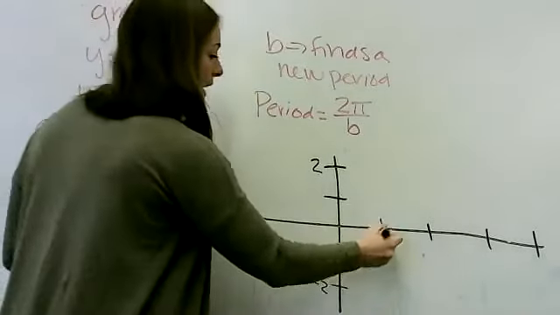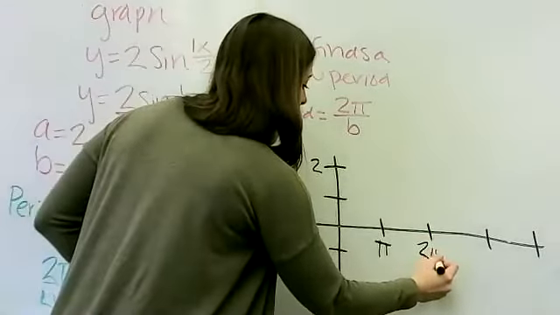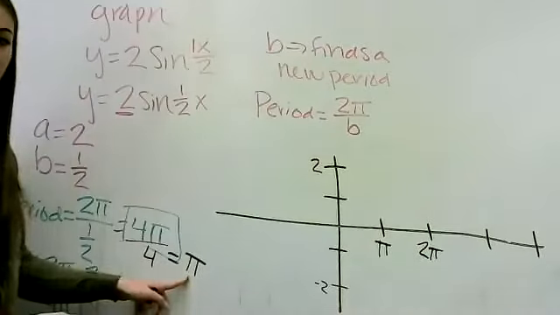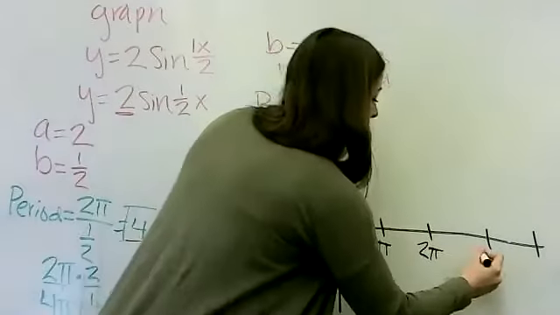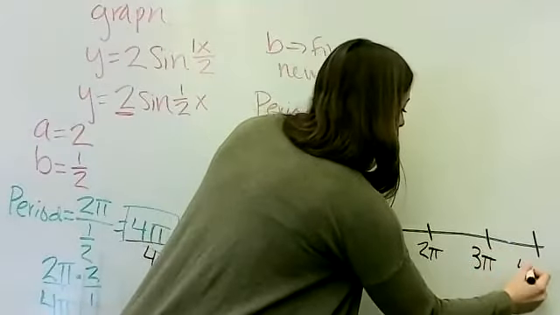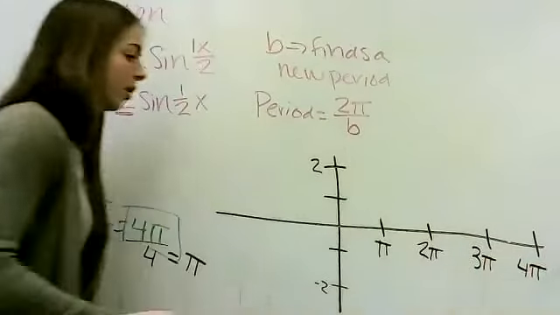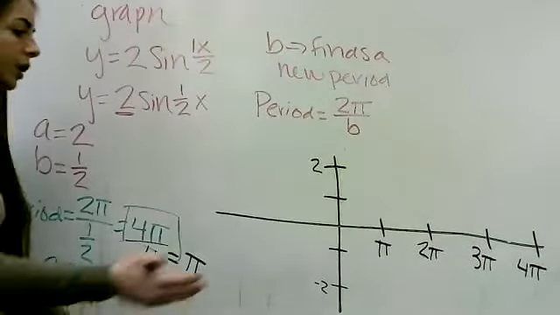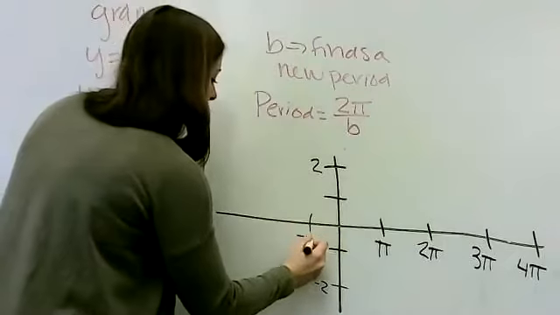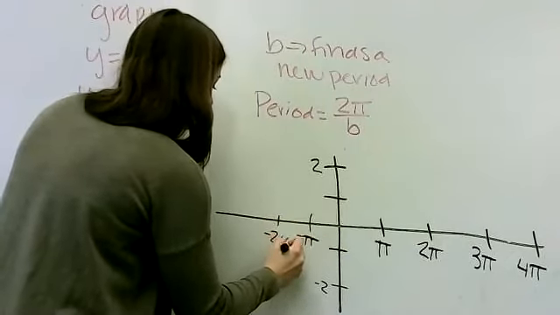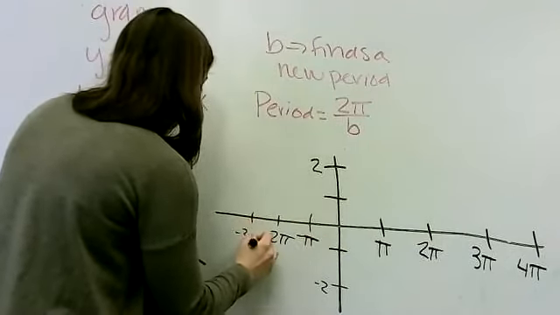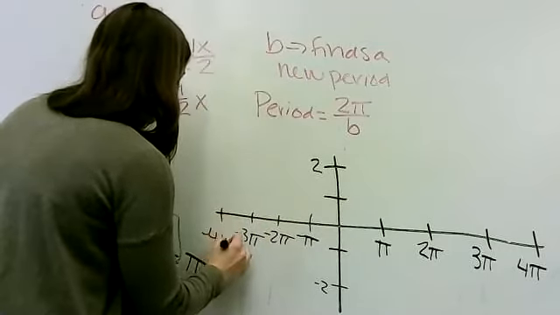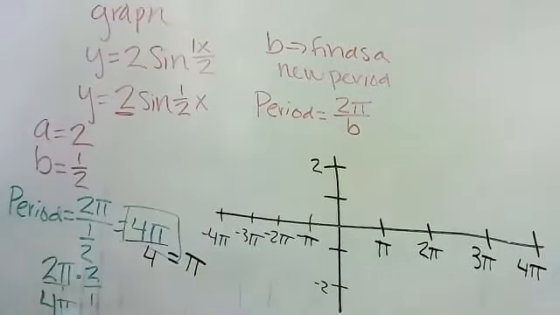Now I add on a second pi to get 2 pi. Add on another pi to get 3 pi, one more to get 4 pi. We can go in the negative direction, negative pi, negative 2 pi, negative 3 pi, and negative 4 pi.